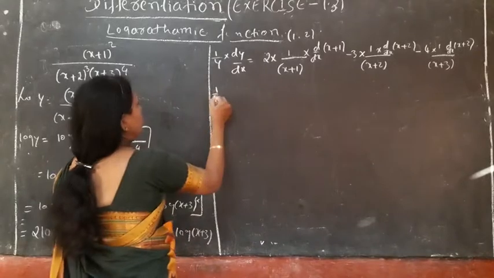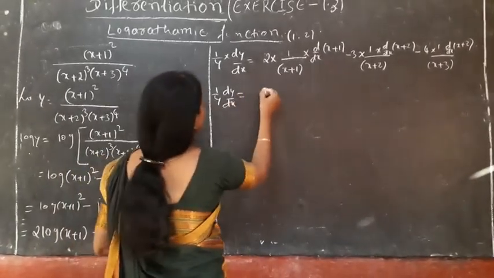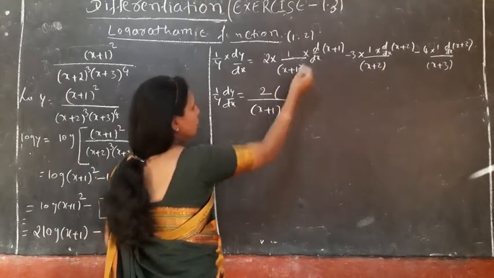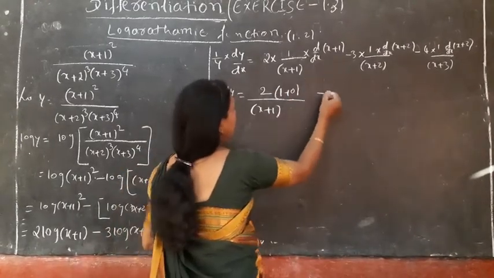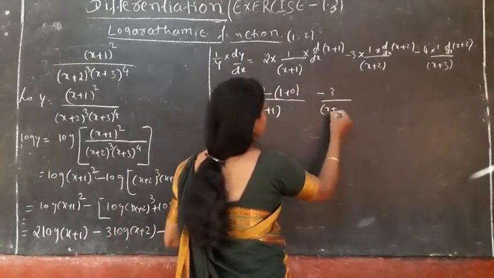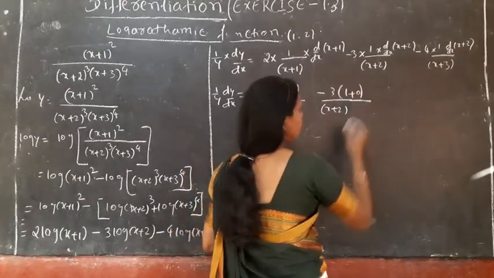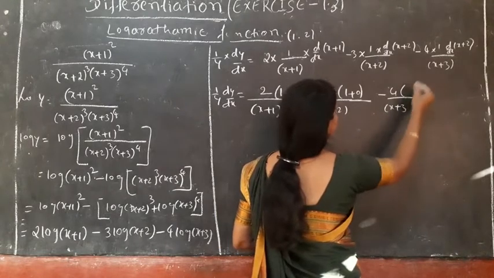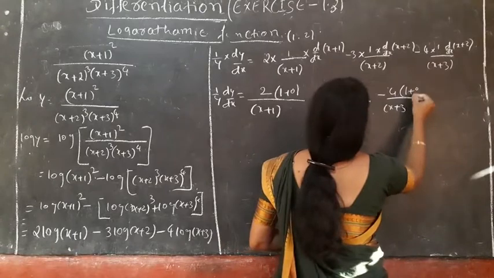Okay, 1 upon y dy upon dx equal to 2 divided by (x plus 1), differentiation of x is 1, 1 is 0, minus 3 divided by (x plus 2), differentiation of x is 1, differentiation of 2 is 0, minus 4 divided by (x plus 3), differentiation of x is 1 and differentiation of 3 is 0.